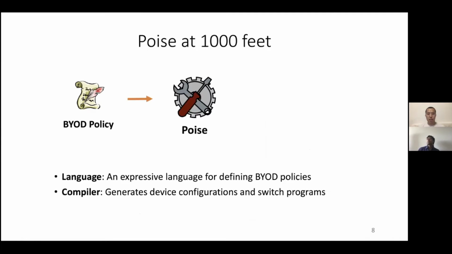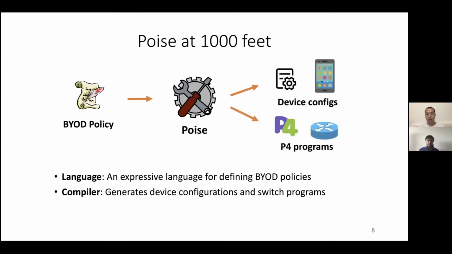Then the Poise compiler takes the policy and generates device configurations, telling the device side how to collect context, which context to collect, for instance. It also generates, most importantly, a P4 program, which will be installed on the switch.